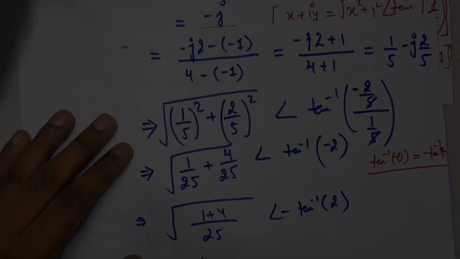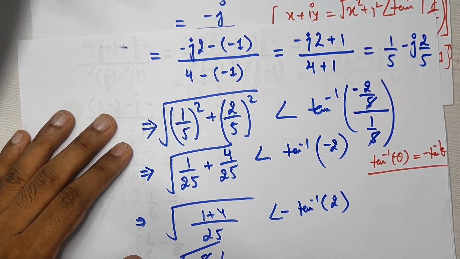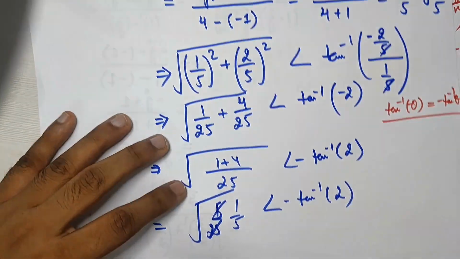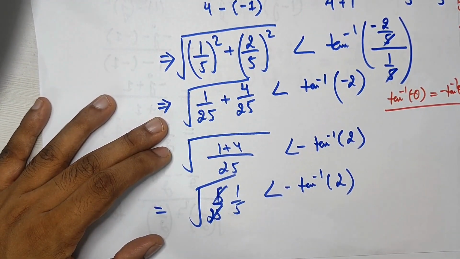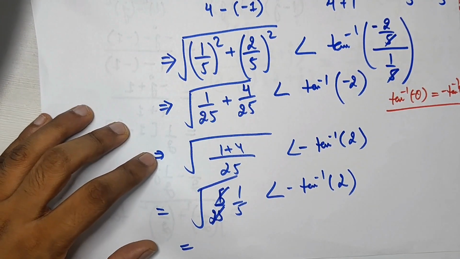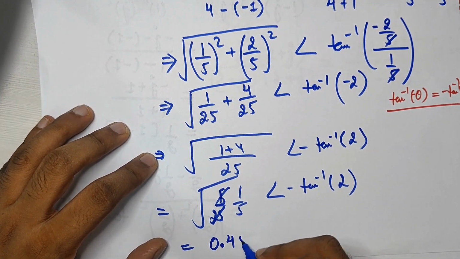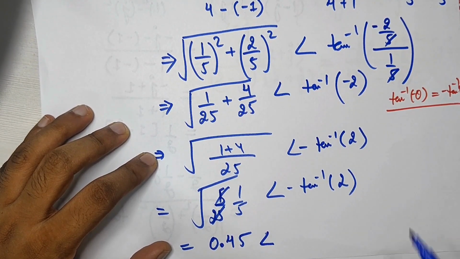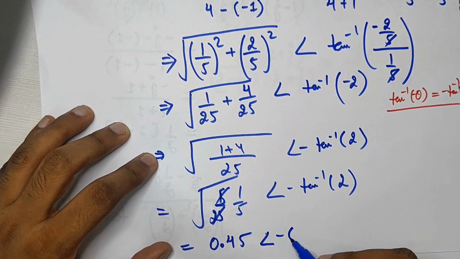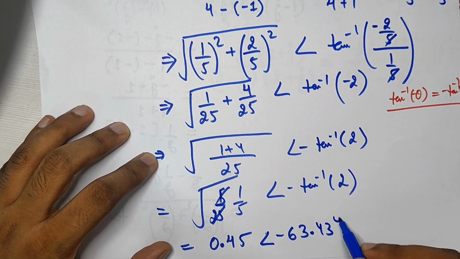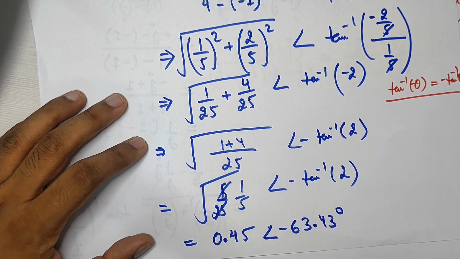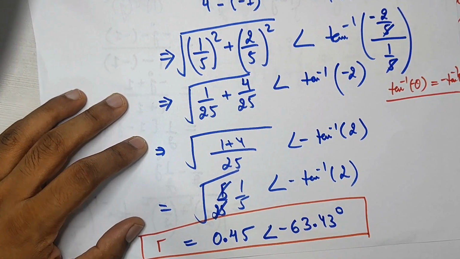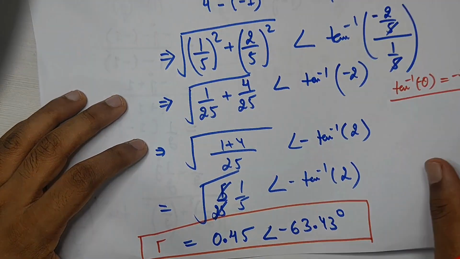The magnitude is 0.45, and the angle, tan inverse of 2, is minus 63.43 degrees. Right. This is the reflection coefficient we have calculated. That is the first part of our answer.